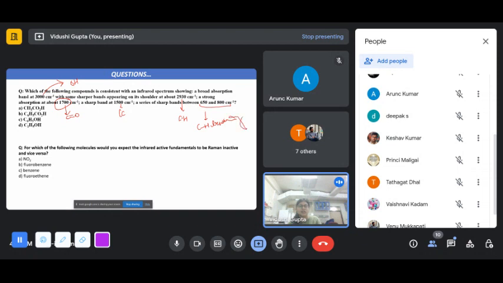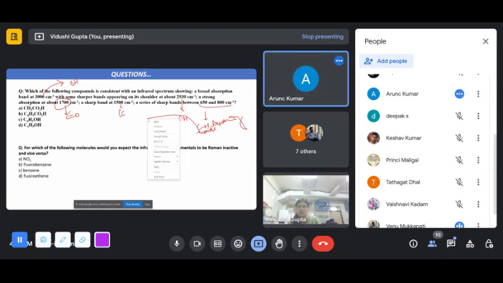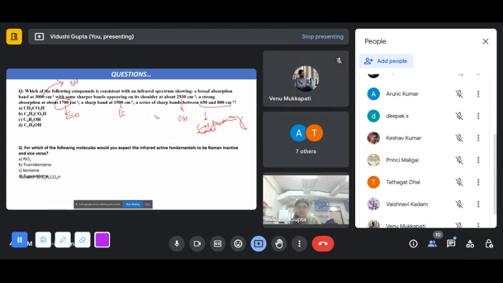For a hydroxy group, it will be a broad peak at about 3000 to 3300. And for aromatic CH bending, it will be between 650 and 800. So now what will be the answer? Option B. Answer B. Now moving to the next question.